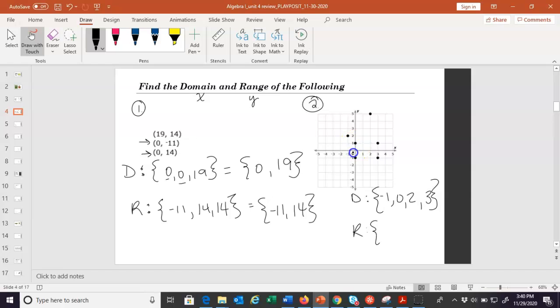And the range are those y values. So +2, hold on, I might need to reorder this once I list them out. +2, we'd have to go this way. -1, 1, and 5. So let me just relist this. It's just proper to do it in numerical order. There we go.